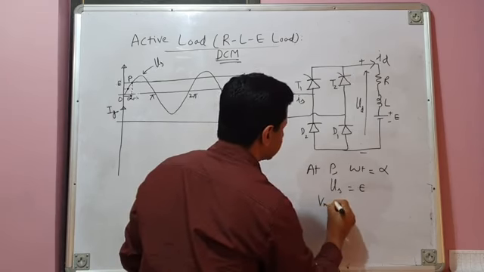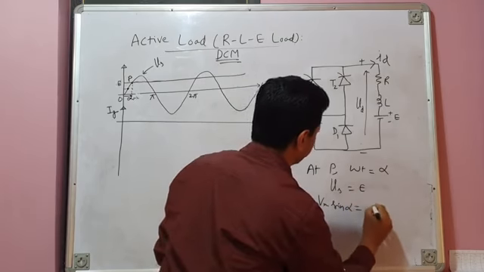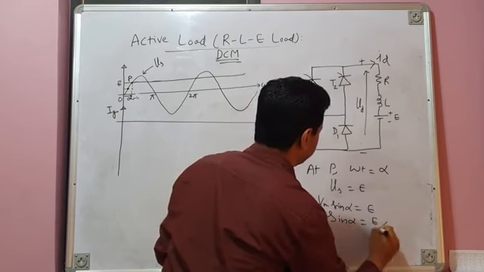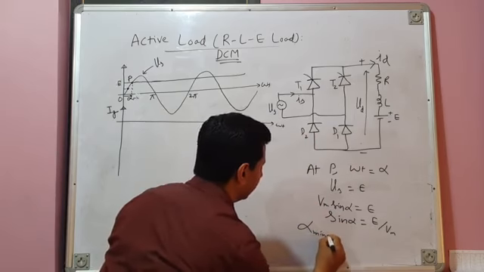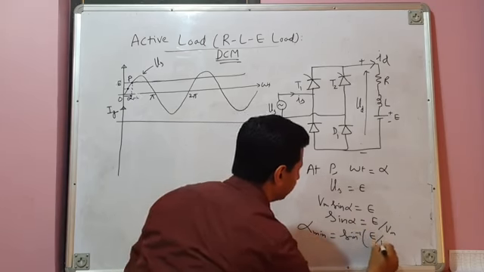Vs is Vm sine omega T. But omega T is alpha. So Vm sine alpha is equal to E. This gives us sine alpha equal to E by Vm. So from here you can get the minimum delay angle, alpha min, equal to sine inverse of E by Vm.